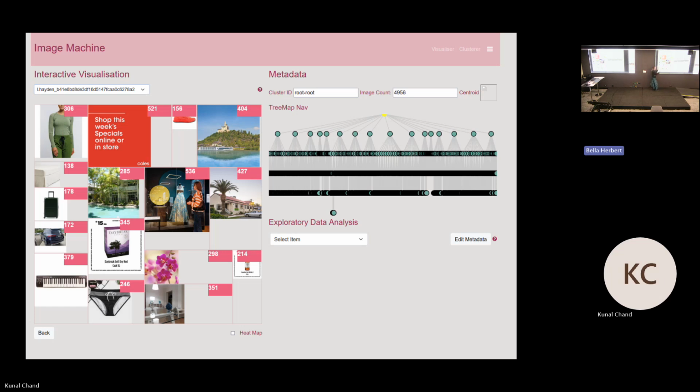And so what you see here when you first log in, right at the top, is the very highest level of those clusters. Each of these numbers in the pink represents how many images are allocated into that cluster. So even though the clusters may have similarities, it takes the top, sorts them into the top group.